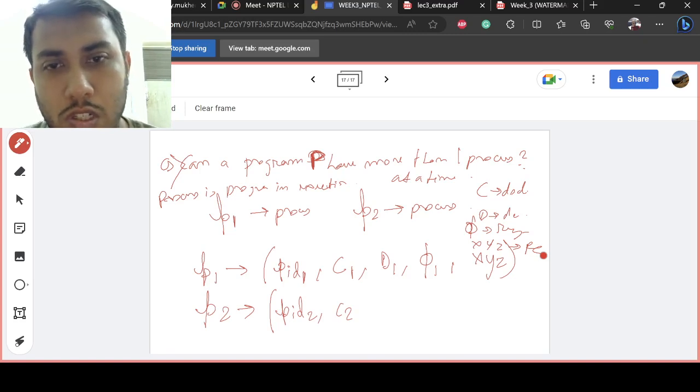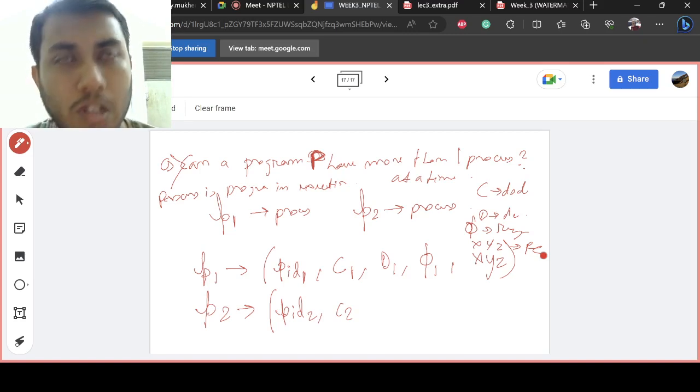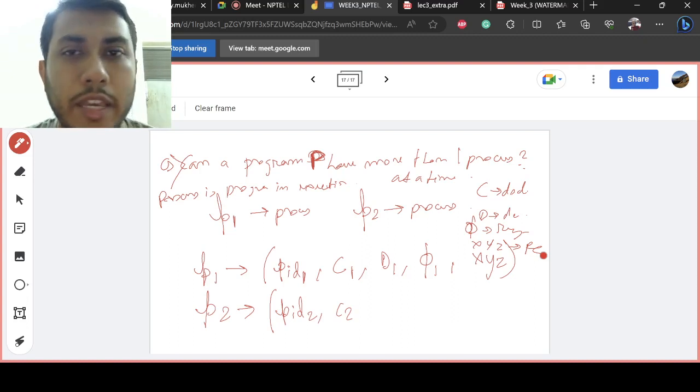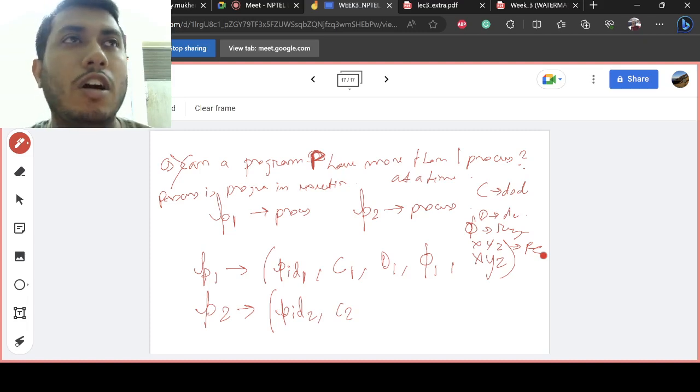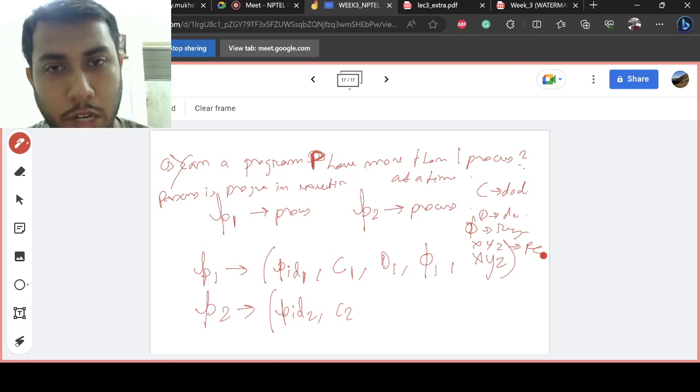If there is an addition and a subtraction in the same program, then the code will be the same. I am saying that there is only one program P, and it has two processes P1 and P2. So consider MS Word. You have opened document 1 and document 2.